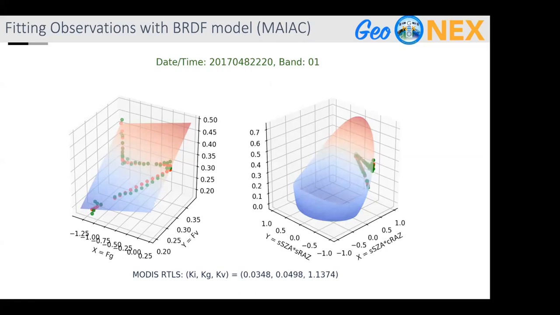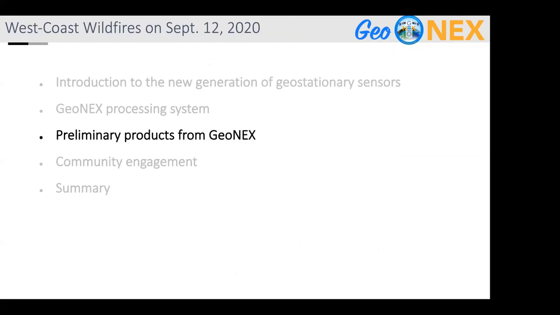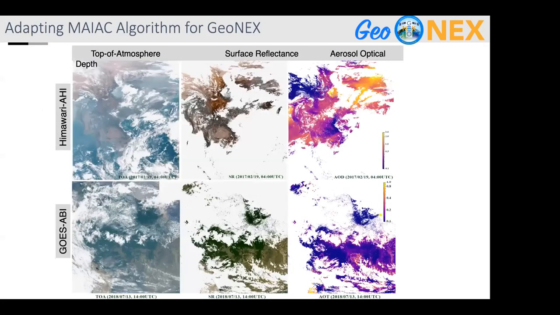Okay, so let's talk about some preliminary products. I mentioned MAIAC already. I think MAIAC stands for multi-angle, I forgot what the I is. But anyway, AC is atmospheric correction, I think.